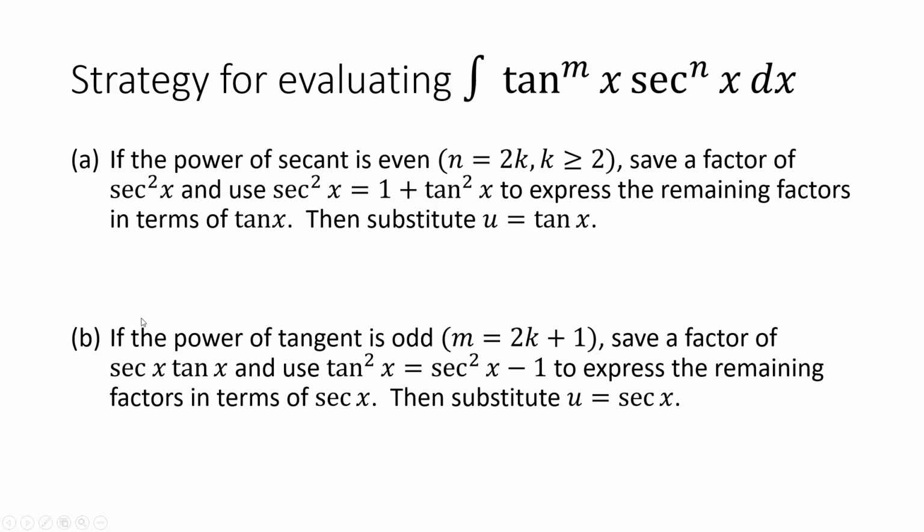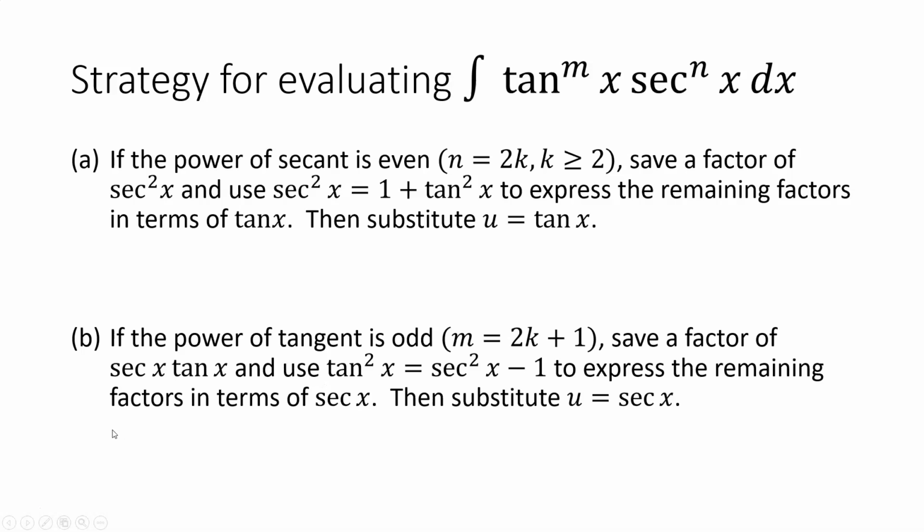Or as in the last example, if the power of tangent is odd, then we can save a factor of secant x tangent x, and then use the identity tan squared equals secant squared minus 1 to express the remaining factors in terms of secant x, and then substitute u equals secant x. Now, this doesn't cover all cases, so the other cases would be a little bit less clear-cut.